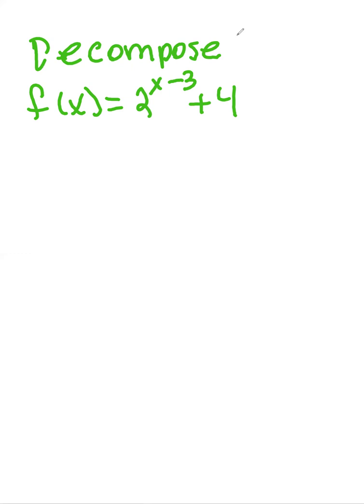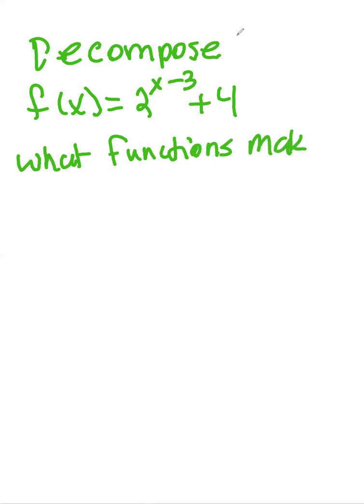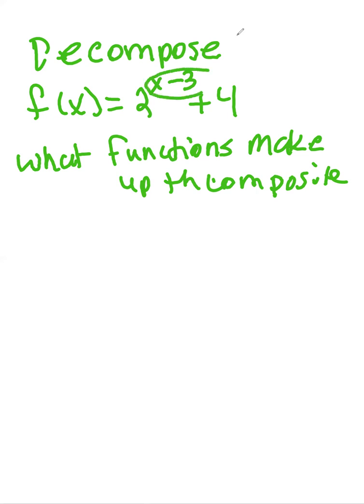And I want to know what functions make up this composite. Okay, so when I'm doing that, I can see I've got a function that's here, it went into here, and it went into there. So I can think of three functions that are going to work here.